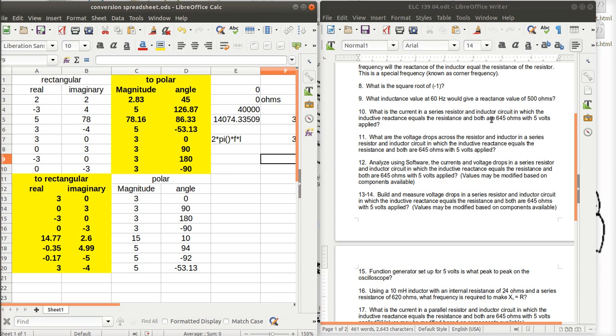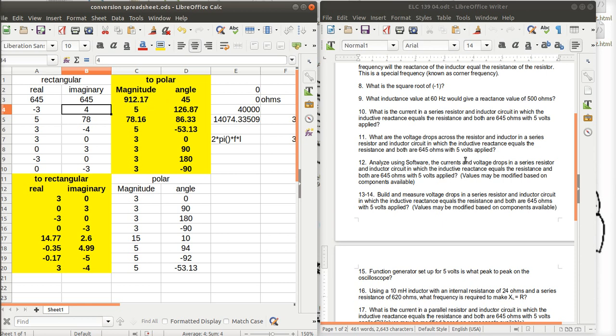Well, what we know is our resistance is 645, so that would be a real part. And we know our imaginary part is 645. So our impedance works out to be 912 at an angle of 45.